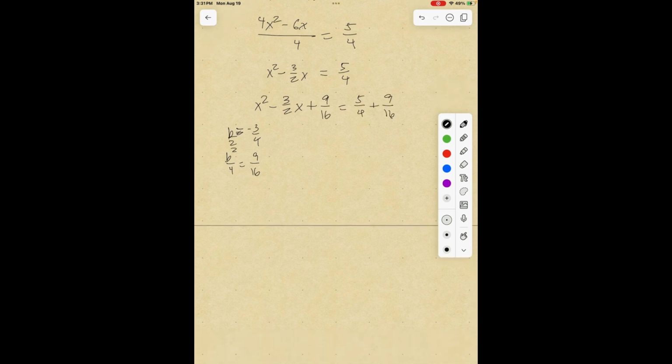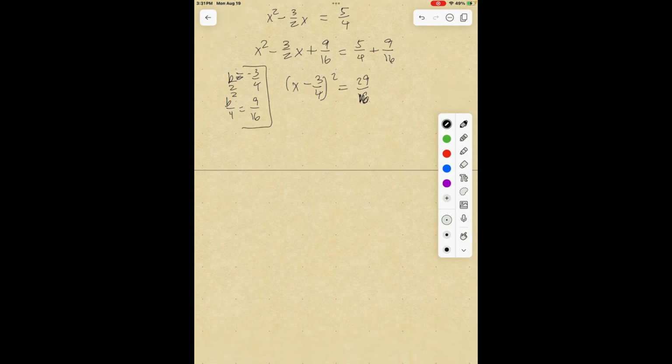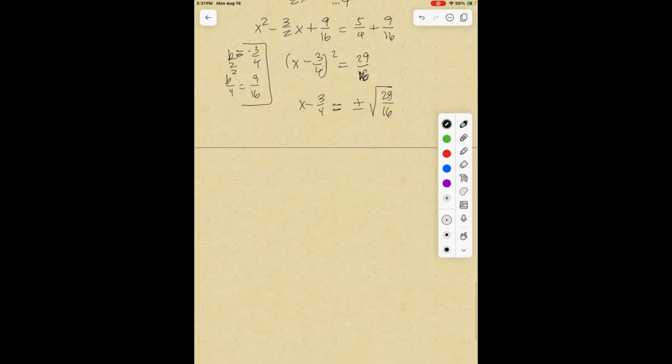And now how does the left-hand side factor? x minus 3/4 in parentheses squared, and then what do I get on the right? 29 over 16, right? Because 5 over 4 is 20 over 16, and then I add the numerators. And now we get that x minus 3/4 equals plus or minus the square root of 29 over 16. How do I simplify this?